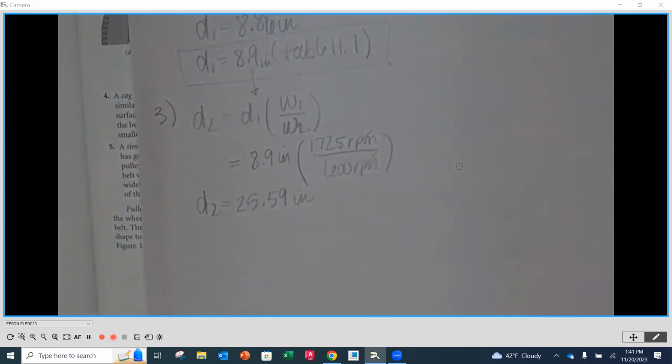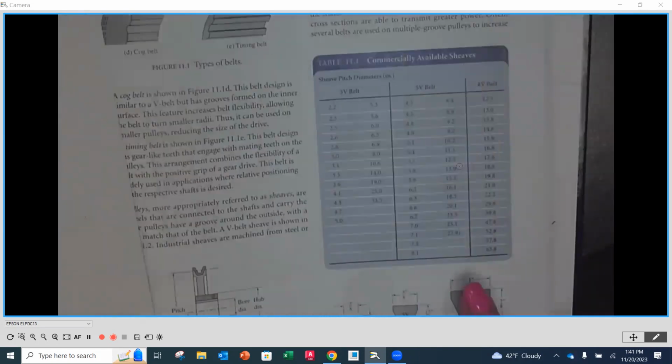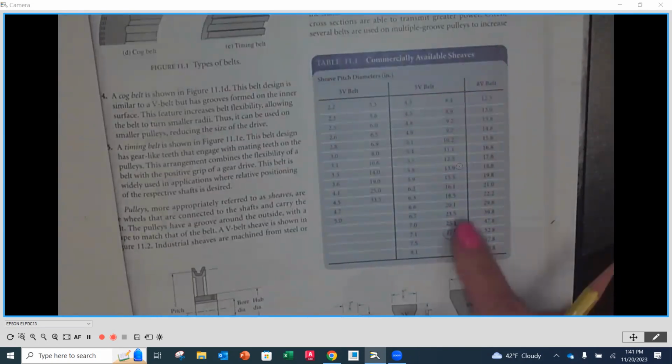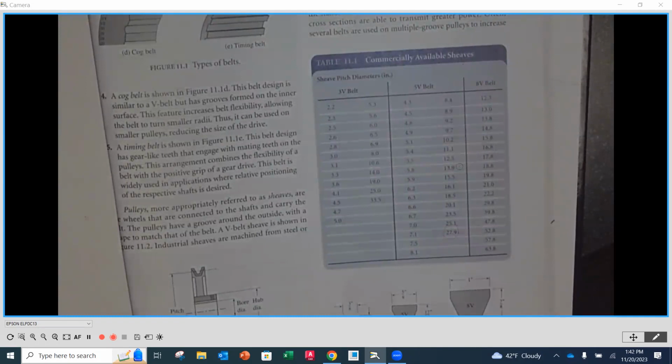Okay, cool. So now we're going to take this number and find 25.59. Well, we're closer to 27.9. 25.59 doesn't quite get us.